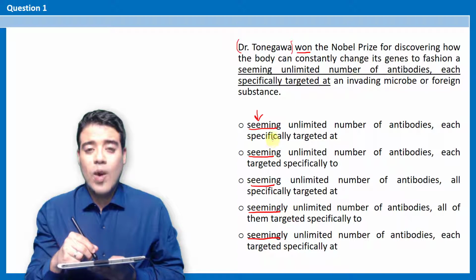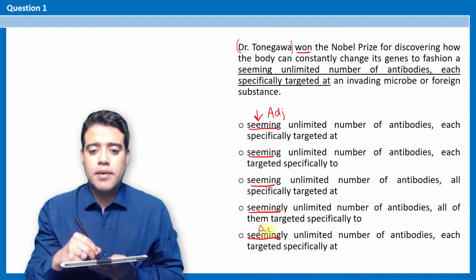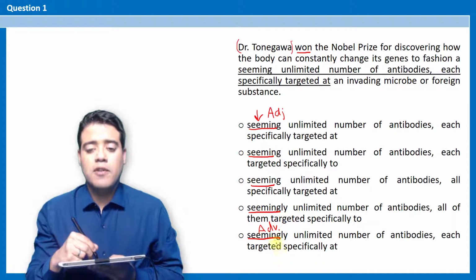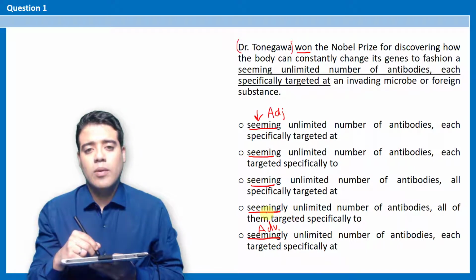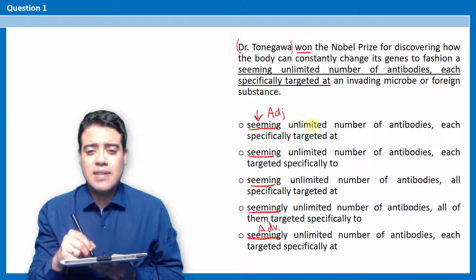If you add ly to an adjective, it becomes an adverb. That means that seeming is an adjective, while seemingly with ly is an adverb. Therefore, you need to think, should I modify a noun or something else? What is seeming describing? Well, you have a seeming unlimited number.